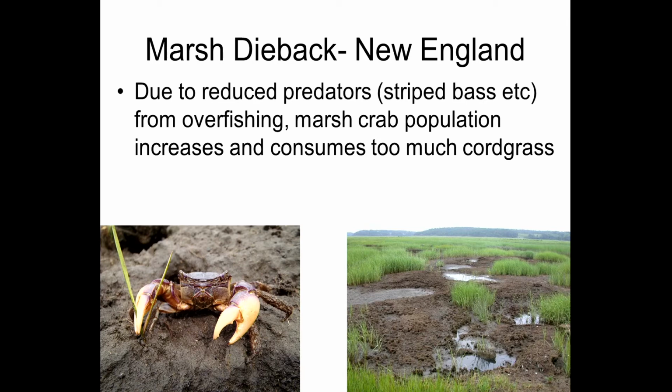Now, why was there a population explosion of these? Turns out that the natural predators, various species of fish, had been overfished. So there were fewer predators, allowing expansion of the crab population, and then the crabs chomp down on too much of the cordgrass, giving you these bare areas.